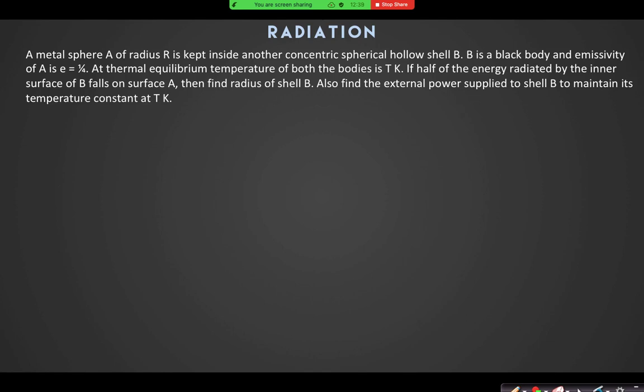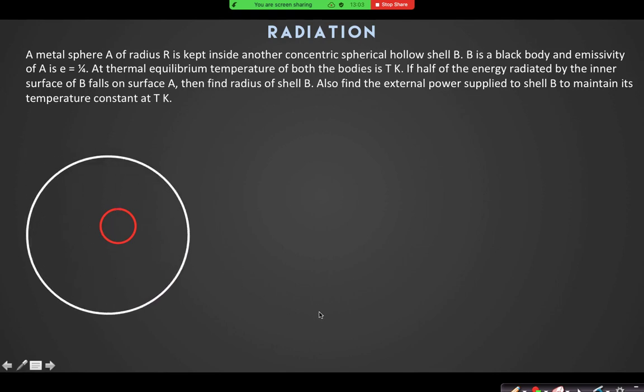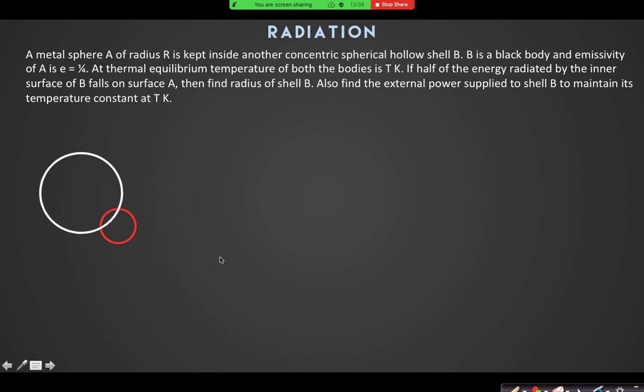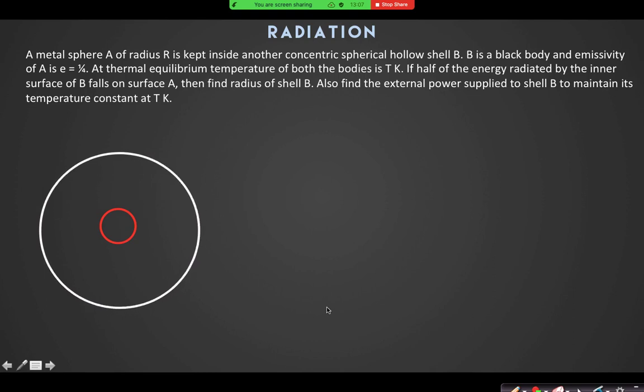It is a very similar question to the one we have just done. The difference is only that now the body A is not a black body, rather it's another body which has an emissivity given. So let us draw the same diagram. This is the body A, and let me draw it as some big sphere like this.